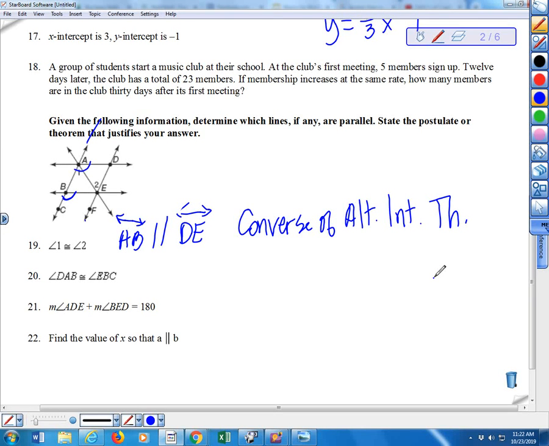AC is the transversal, okay? AD and BE. Does everybody see that? And it would be, what reason? Corresponding. So the converse of the corresponding angles theorem.